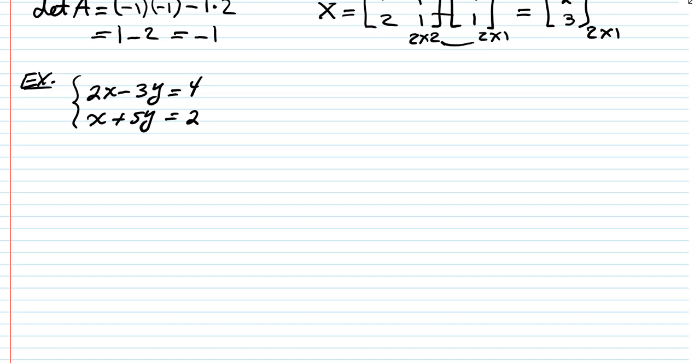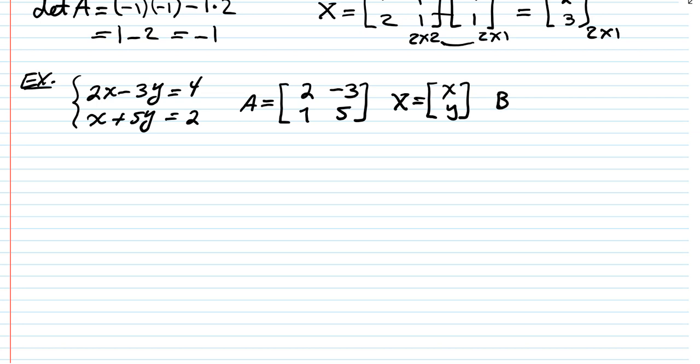So we'll just focus on 2 by 2s. A is going to be the matrix of coefficients 2, negative 3, 1, 5. X, the matrix of variables, I have x and y in this. And B, the matrix of constants. The constants on the other side of the equal sign are 4, 2.